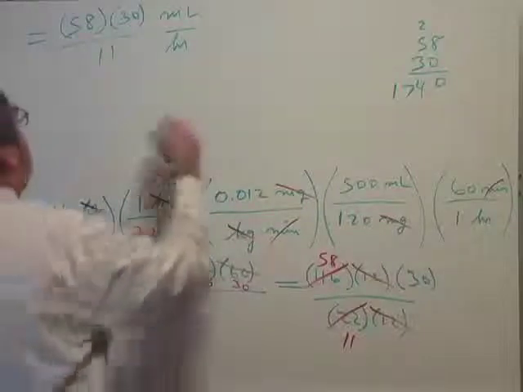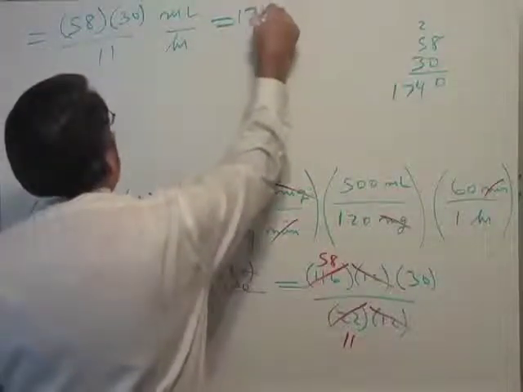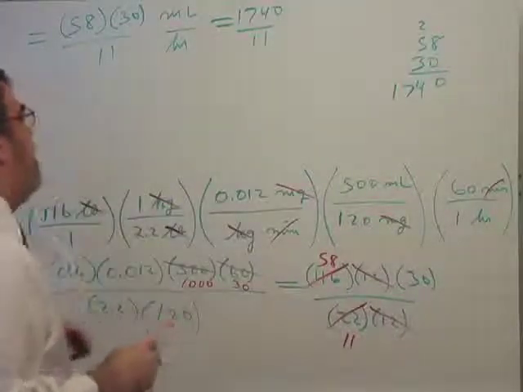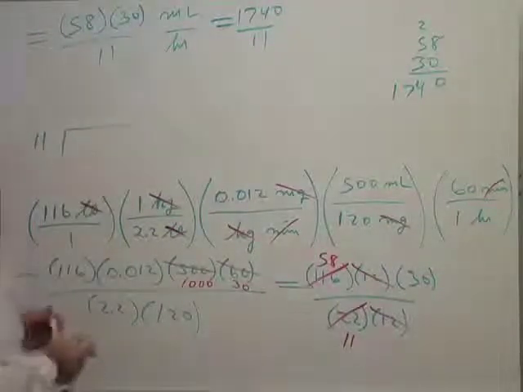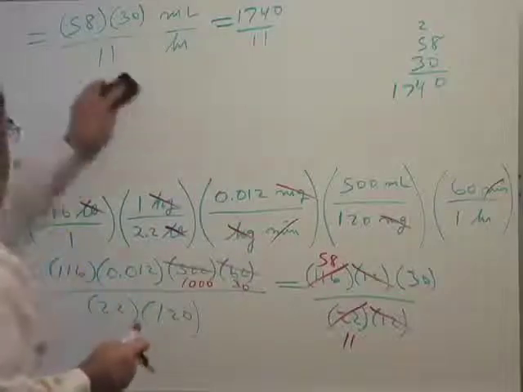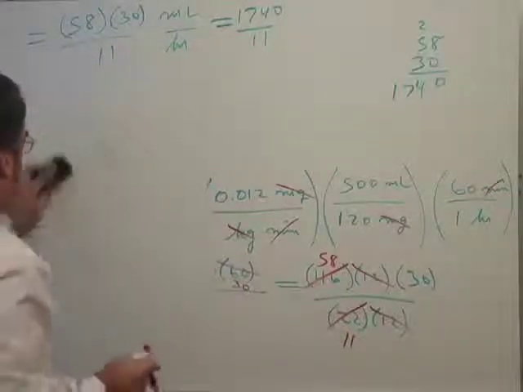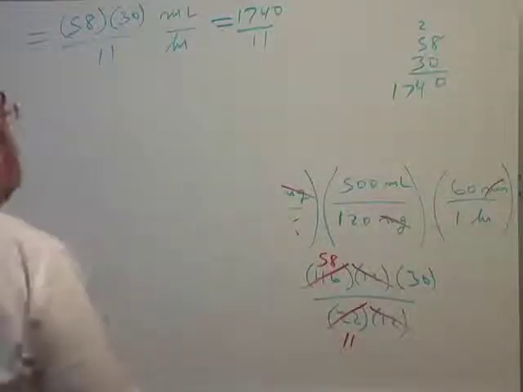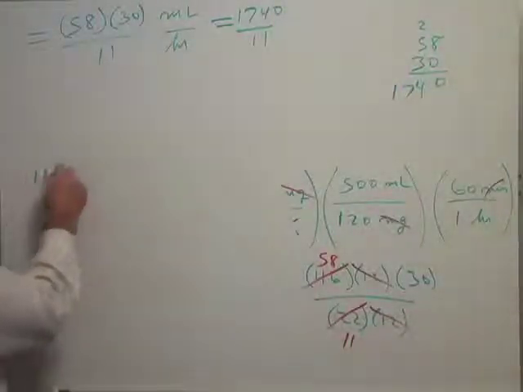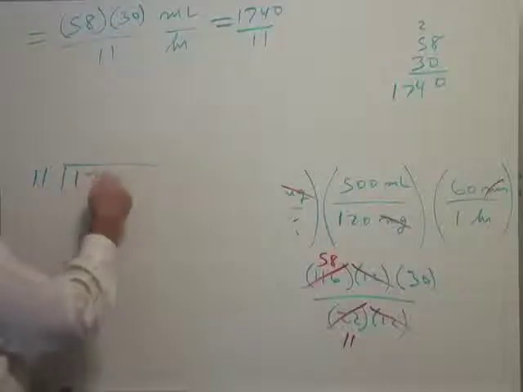Okay, over 11. So divide 11 into 1,740. I'm going to make some room down below here, so I'll cross off some of this stuff.